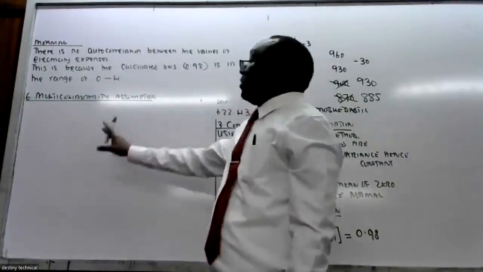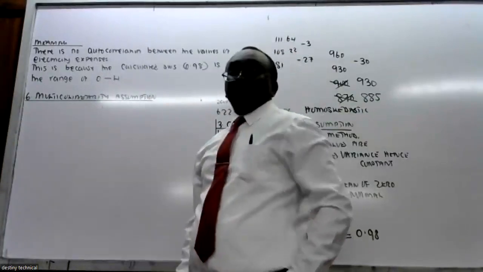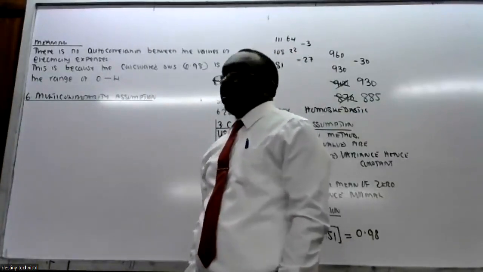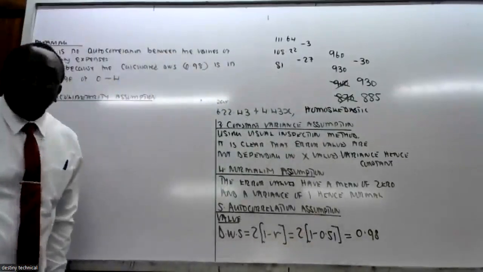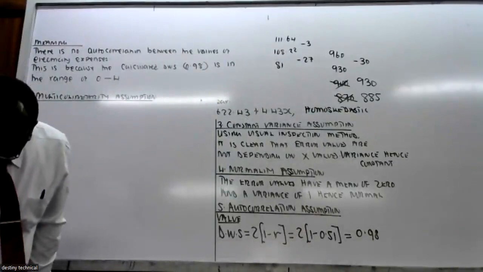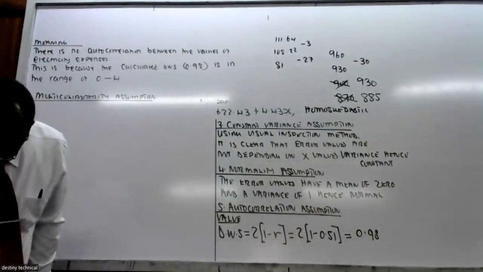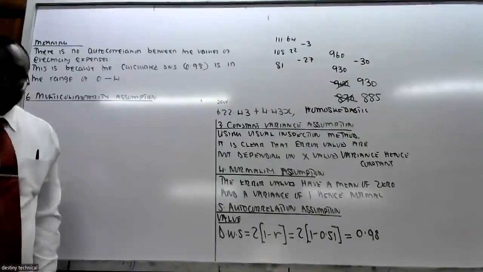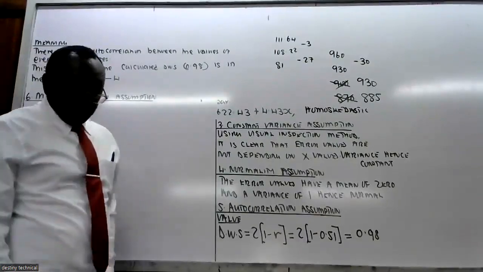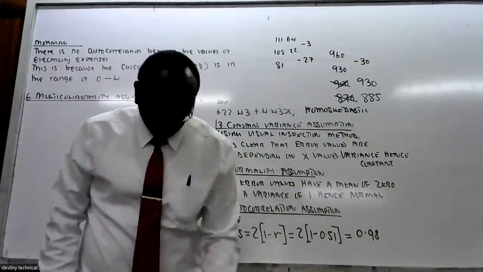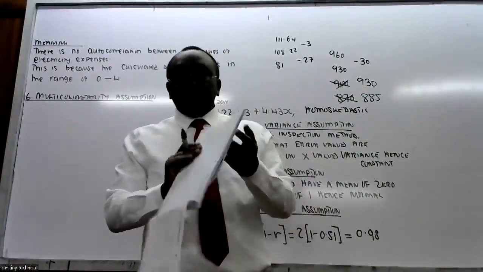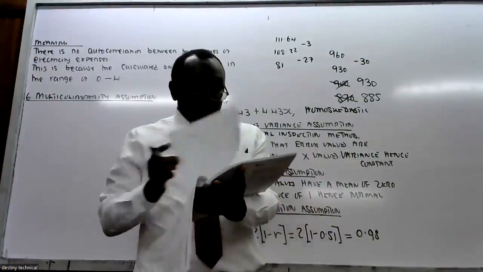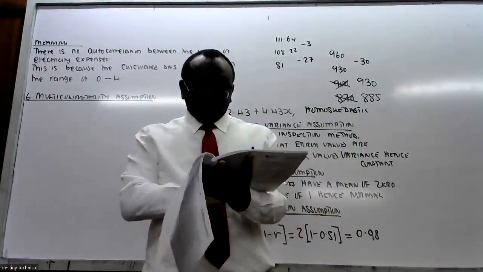So in our case here, we cannot use it because we only had one independent variable, machine hours. It says that if you have more than one independent variable, they do not affect each other. And I want to refer you to a question in the past papers so that we make a conclusion on that.